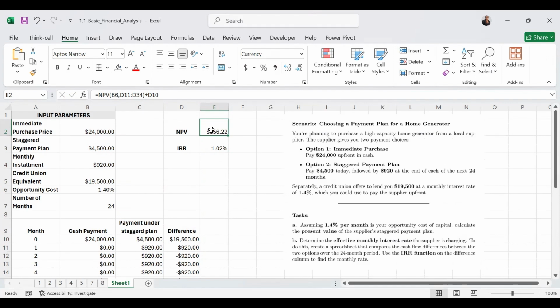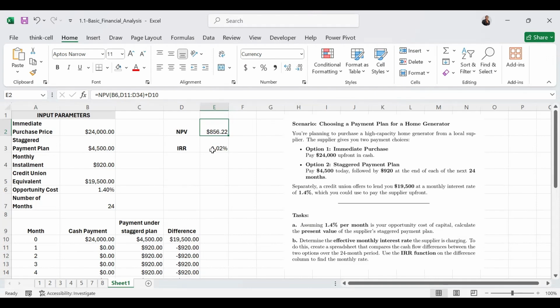We can simply interpret what this is from our results. The staggered plan, as we can see, is more cost effective. It reduces the effective monthly cost from 1.4% to 1.02%.